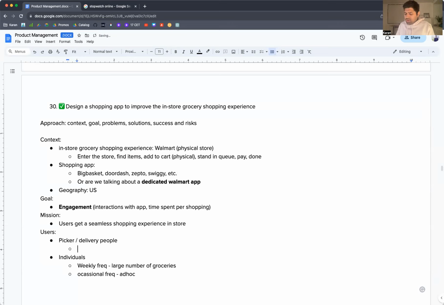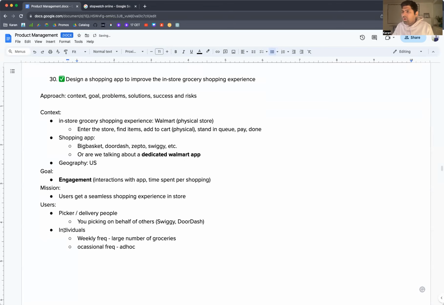And here you are actually picking on behalf of others, mostly in the context of Swiggy, DoorDash, or things like that. Okay, so in this particular case, let me focus on individuals because these are the ones that are primarily going to be present in at least the Walmart use case.